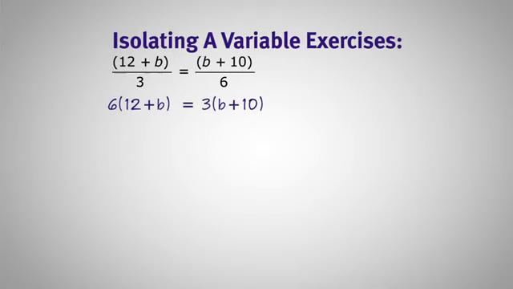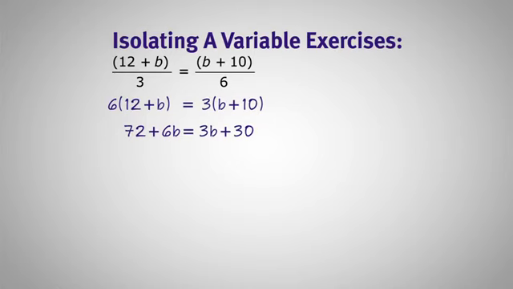Distributing the 6, we get 6 times 12 is 72, and 6 times b, which is 6b, leaving us with 72 plus 6b on the left-hand side. On the right-hand side of our equation, we have 3 times b, which is 3b, plus 3 times 10, 30. So our new expression reads 72 plus 6b is equal to 3b plus 30.